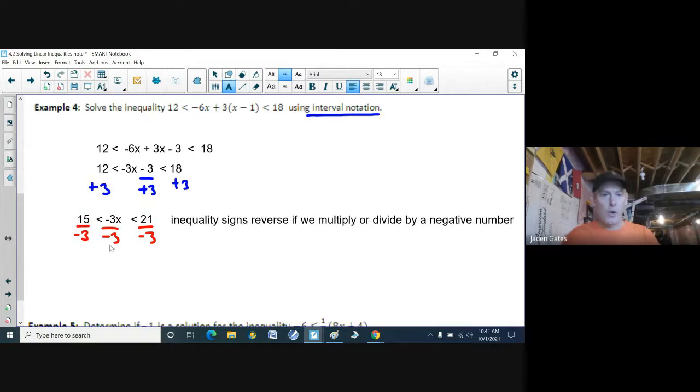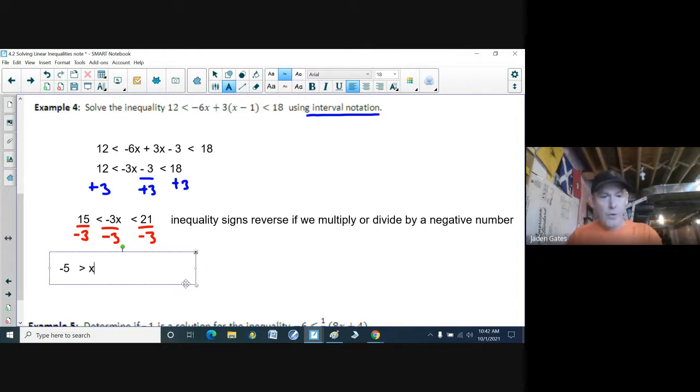All right, so if I'm dividing by this negative 3, so here's what happens now. 15 divided by negative 3, that's negative 5. Oops, negative 5. But both less than signs actually, because I divided by a negative number, or, you know, if you multiply by a negative number, it's going to switch to now greater than.